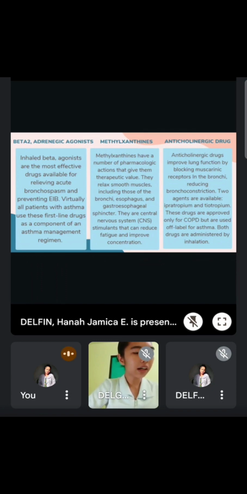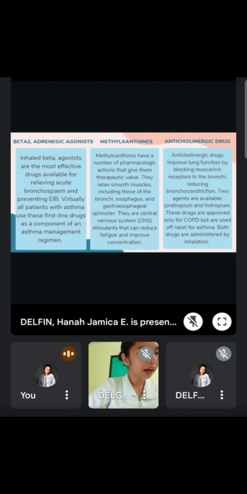SABAs are well tolerated. Systemic effects such as tachycardia, angina, and tremor can occur, but are usually mild. With long-acting inhaled preparations, inhaled LABAs may increase the risk for severe asthma and asthma-related death when used in monotherapy for long-term control.